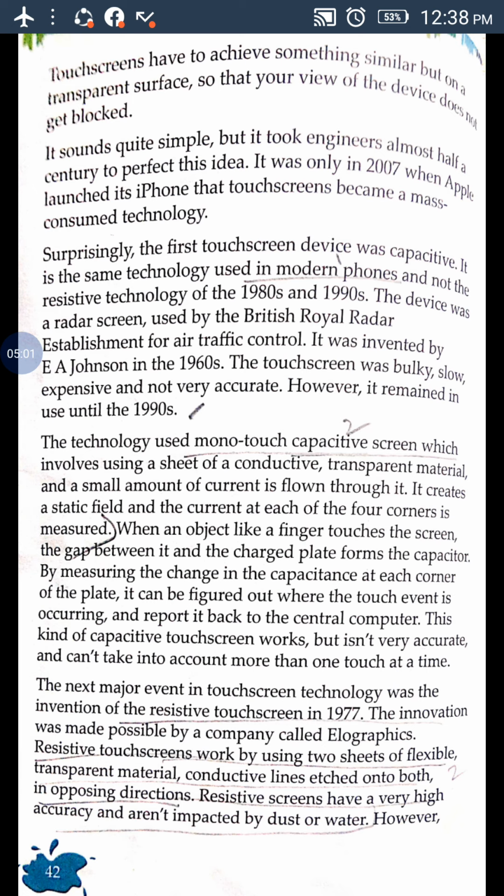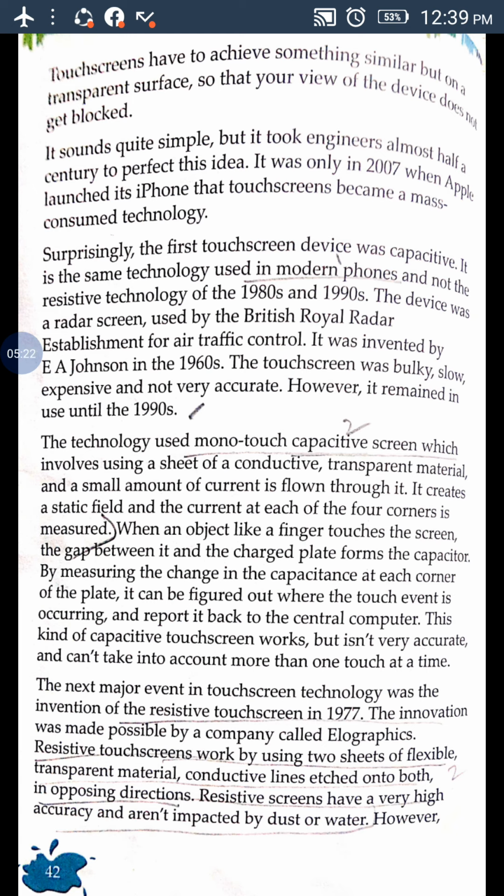The technology used a mono-touch capacitive screen, which involves using a sheet of conductive transparent material. So the technology, what did it use? It used a mono-touch capacitive screen. Mono-touch means one touch, single touch, which involved using a sheet.